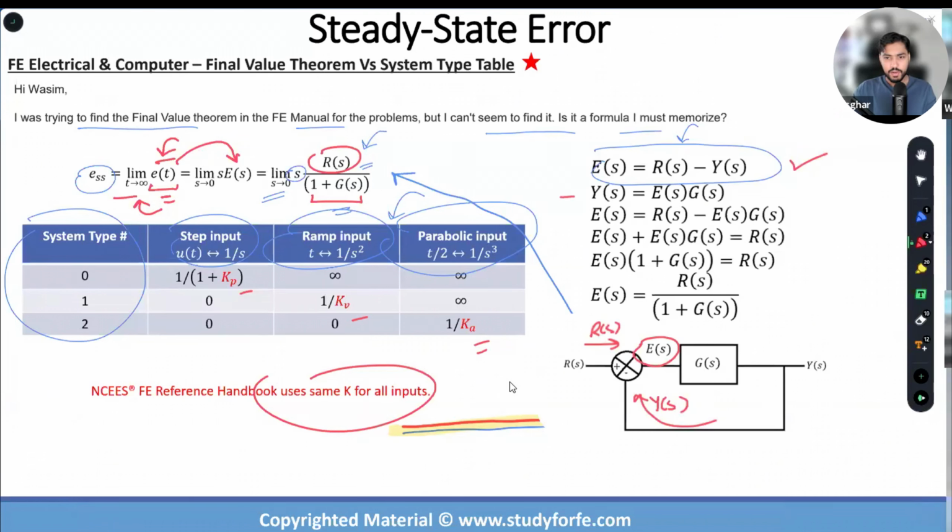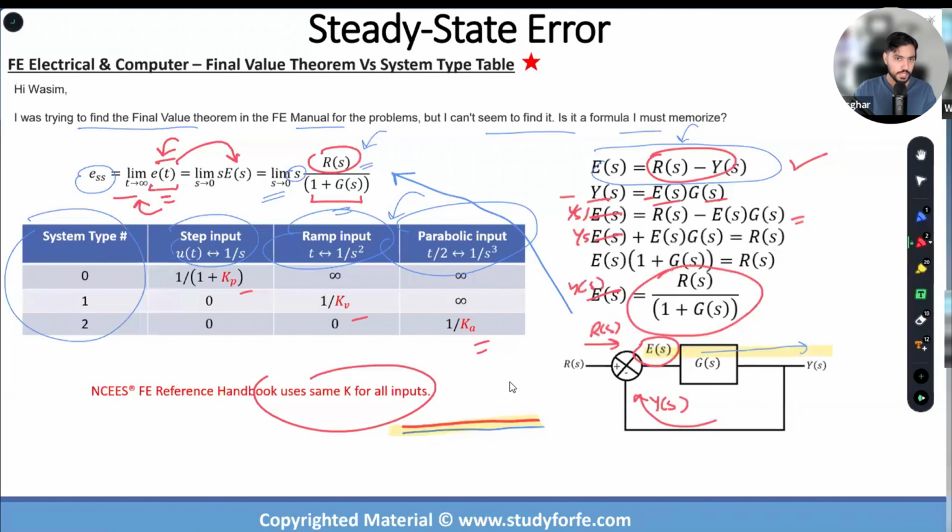Okay. And if I look at this path, this trajectory, E of s is simply being multiplied with G of s, and it is giving me Y of s. So Y of s is simply equal to E of s times G of s, right? I am going to substitute E of s in here because it's this value, and I end up with this. I rearrange the equation, and then I end up with Y of s is equal to R of s divided by 1 plus G of s.